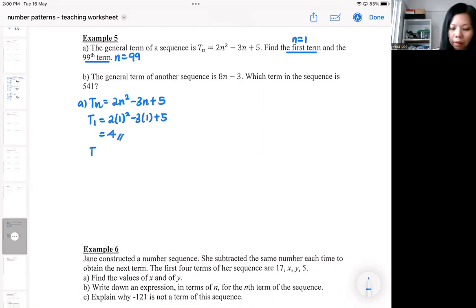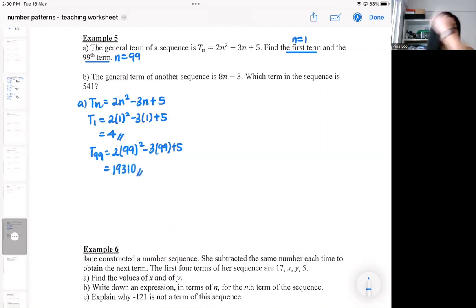And the 99th term will be something like this. So just punch calculator correctly. So don't worry if the number looks very big. As long as you're doing the correct thing, that will be your answer.